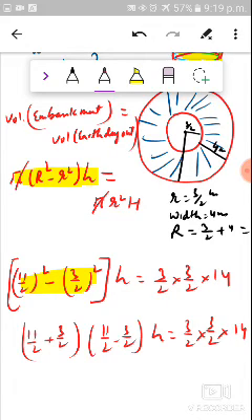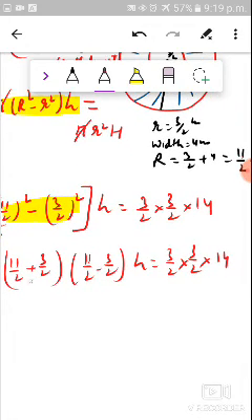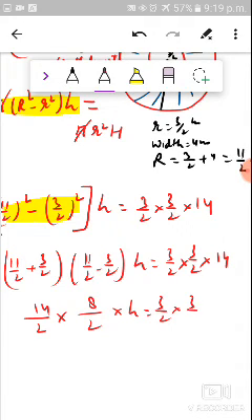Now let us solve it. The denominator is the same, 2, so 11 plus 3 is 14, multiplied by 11 minus 3, which is 8, multiplied by h equals 3 by 2 multiplied by 3 by 2 multiplied by 14. This 2 is cancelled by this 2, this 2 by this 2, and this 14 by this 14.